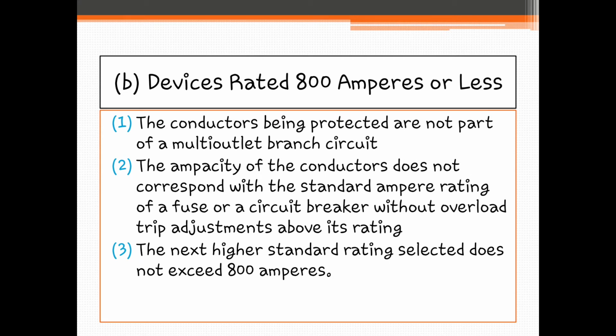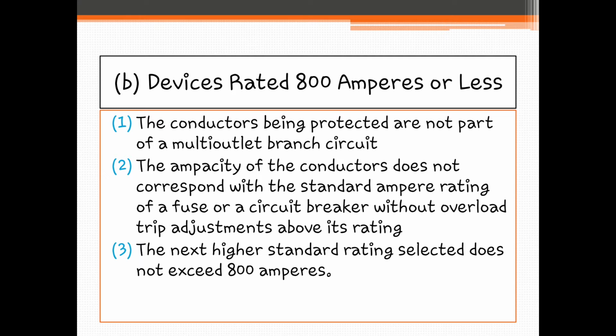Next is devices rated 800 amperes or less. So again, for devices rated 800 amperes or less, the next higher standard overcurrent device rating shall be permitted to be used provided all the following conditions are met. So these are the conditions. The conductors being protected are not part of a multi-outlet branch circuit supplying receptacles for cord-and-plug-connected portable loads.